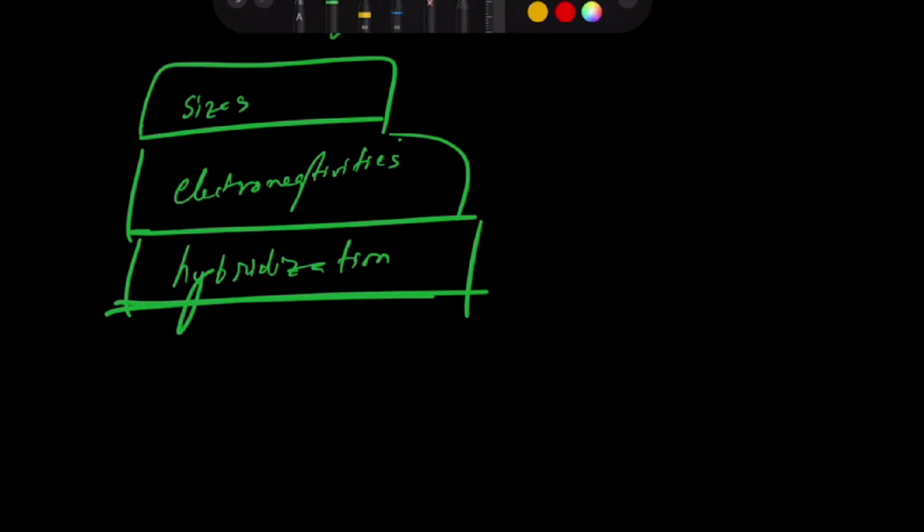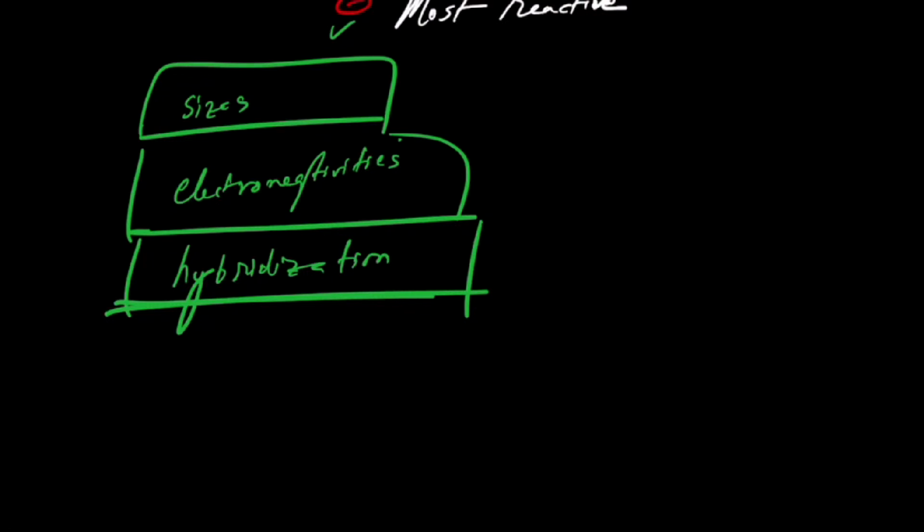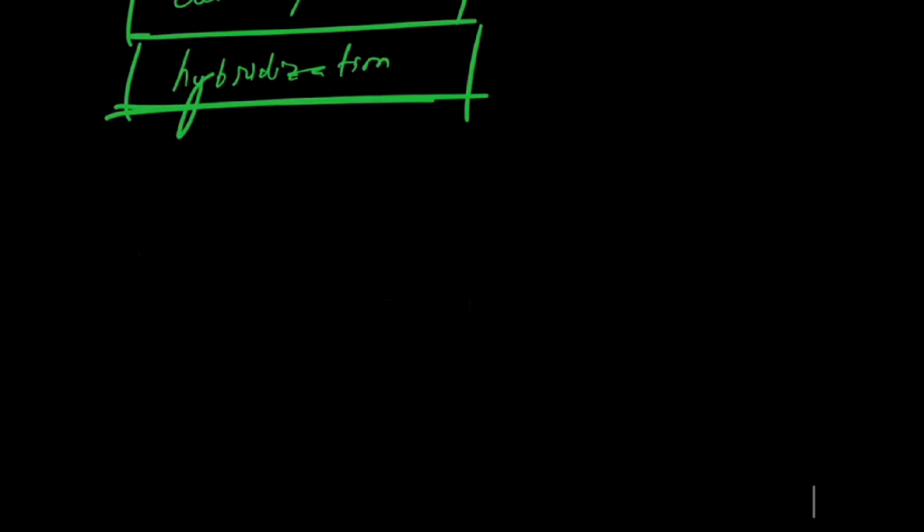Now there is one factor that is far more important than hybridization, and after that there is one very important thing called aromaticity also. I'll go to that later, but before that I'll just go into resonance and I will compare the acid strengths of some acids.